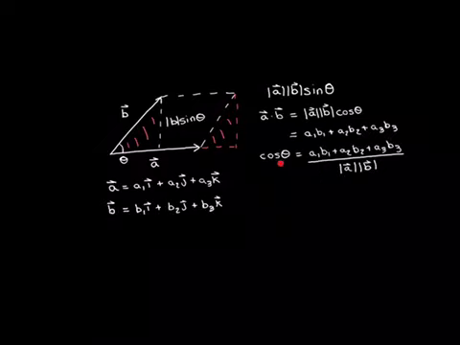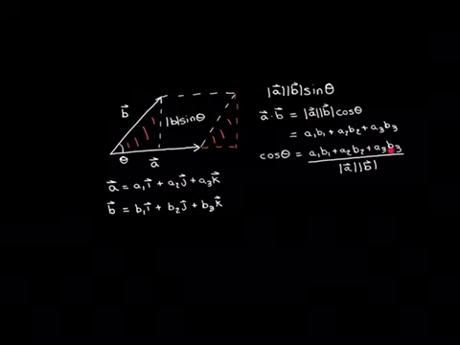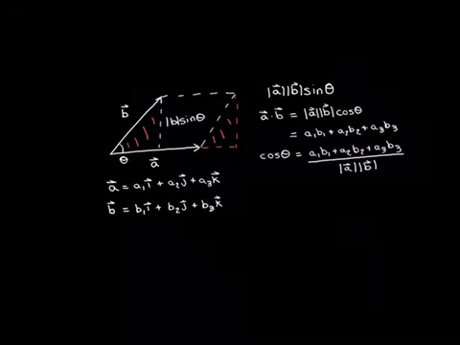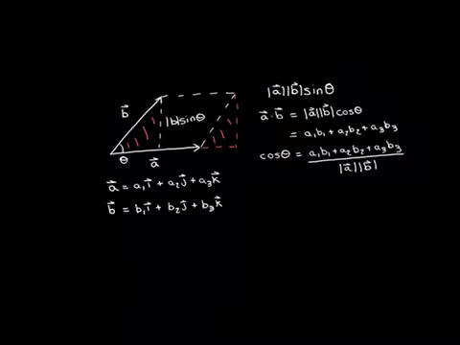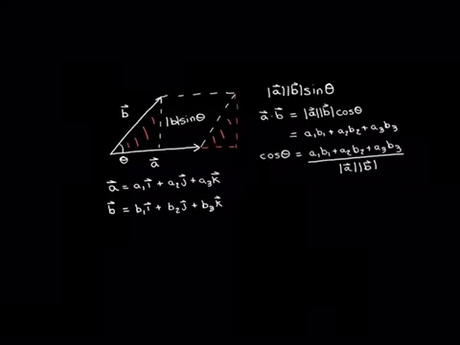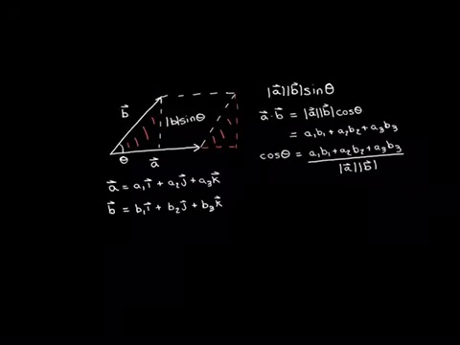So cos of theta is equal to a1b1 plus a2b2 plus a3b3 divided by the modulus of a times the modulus of b. Now we could easily work out what the modulus of a and the modulus of b are in terms of these components. However, we don't actually need to do that. It will just make the formula more ugly, and indeed it will just cancel later on, as we'll see. So we're just going to leave it as the modulus of a times the modulus of b.